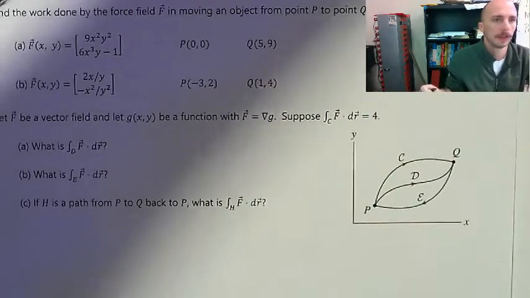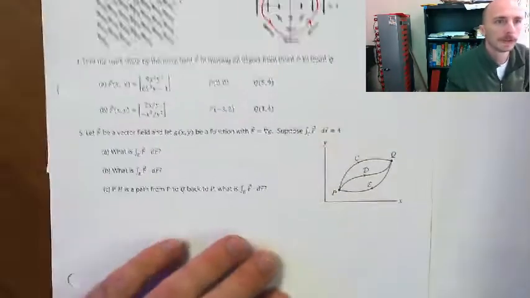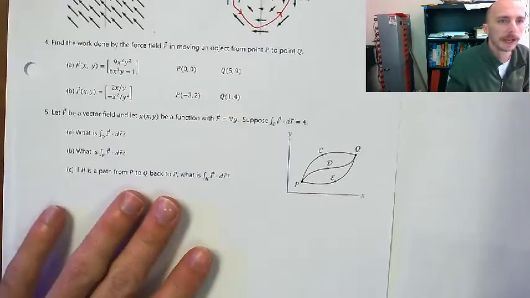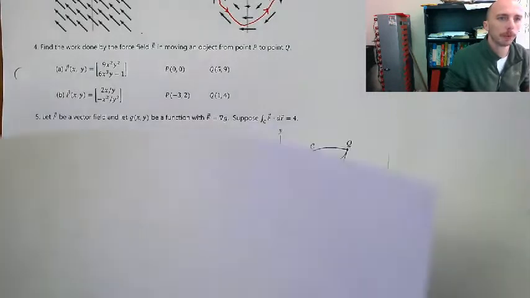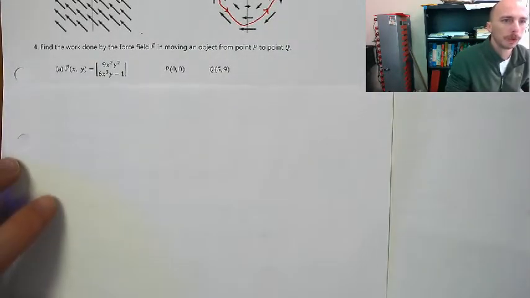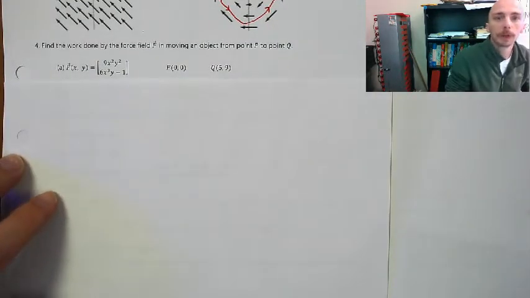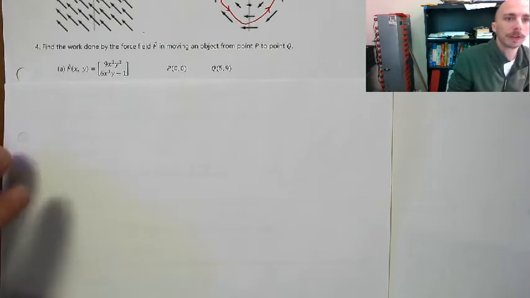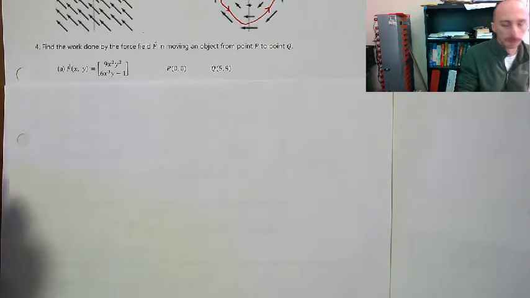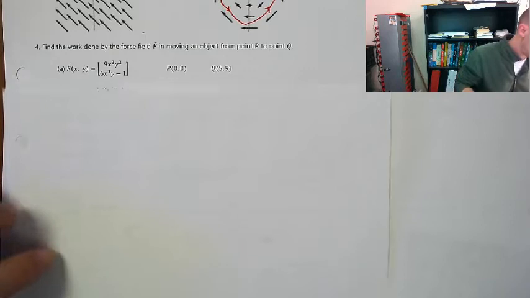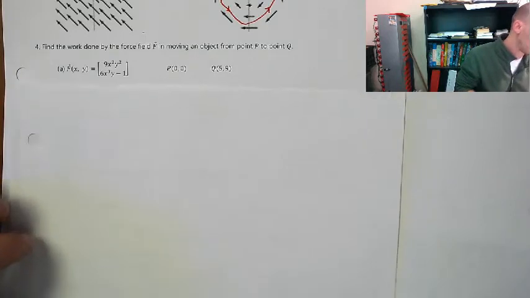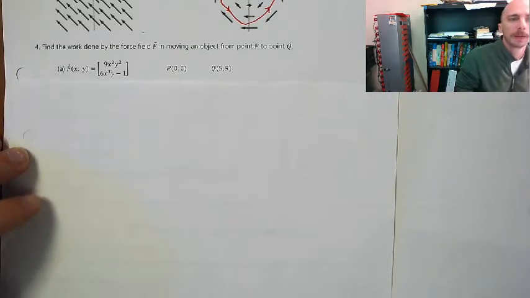All right. Now we're going to find the work done by F in moving an object from point P to point Q. Right? Well, it had better be a conservative force field in order for us to do this without knowing the path. Okay, these are both two-dimensional, so I'll verify it. If it's three dimensions, I'm probably not going to compute the curl.